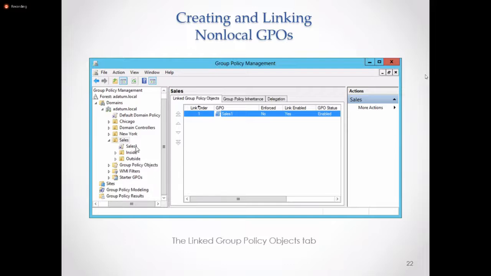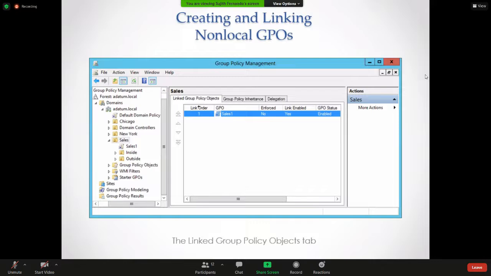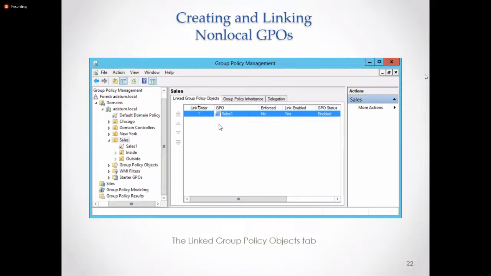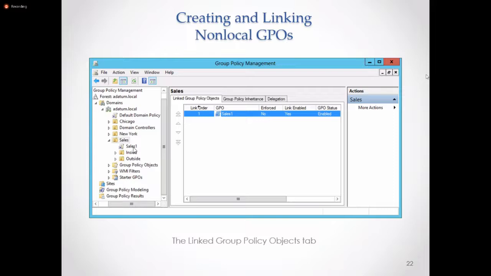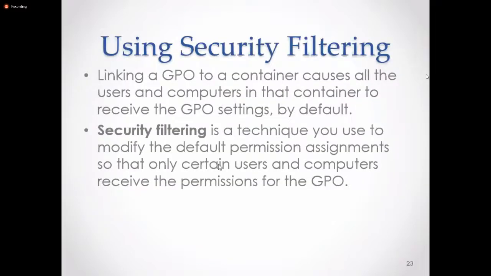You can create and link at the same time if you go directly to where you want to create the GPO, right click and create the new GPO. You give a name, the GPO will be created, and automatically it will be linked to your current OU. So two steps in one.